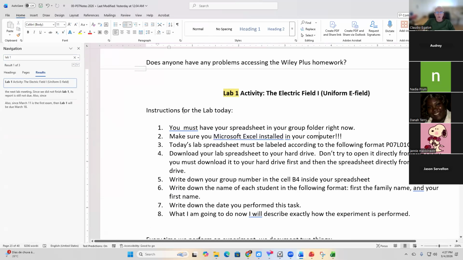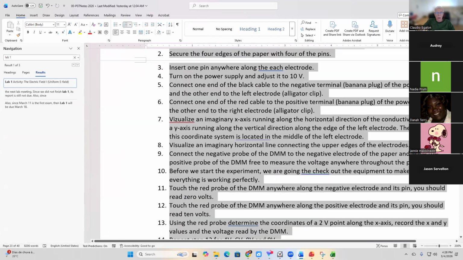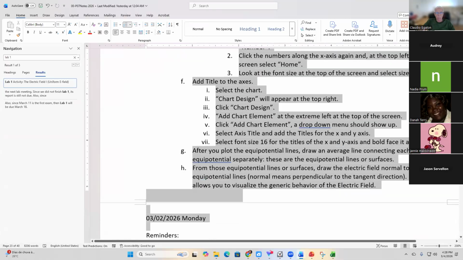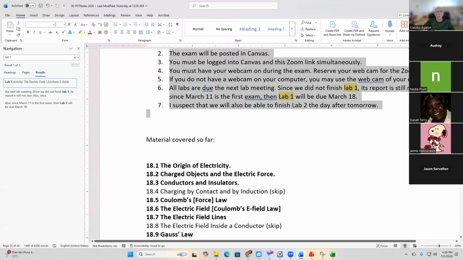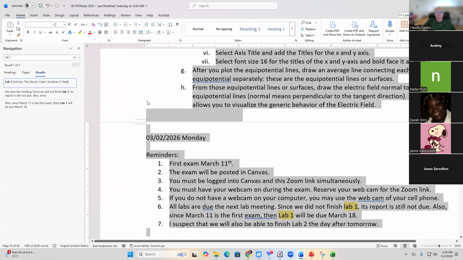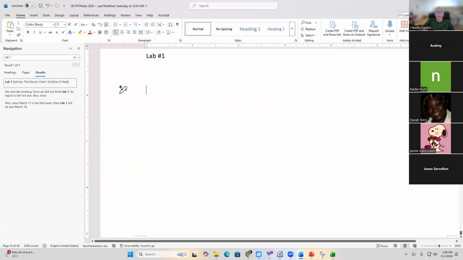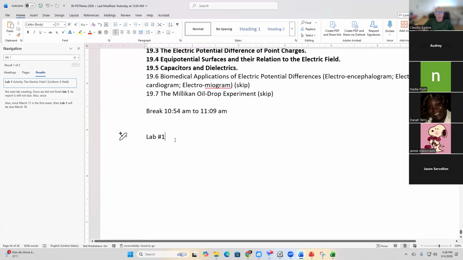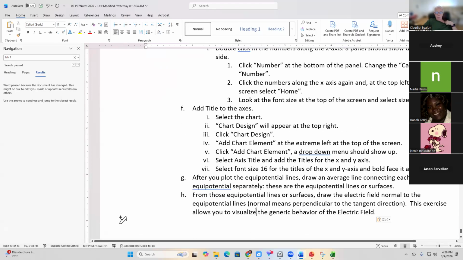Yeah, I'm going to just copy and paste what we did last time, so I know where we stopped, right? Nope, stop right here. And then continuation, right? Last time we stopped right here.